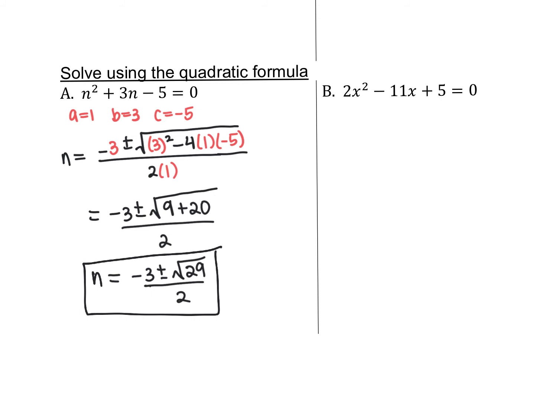B is also in standard form already, so I can identify my a, b, and c. This is x equals. Okay, x equals -b. Since b is negative, if I do -11, I get positive 11.